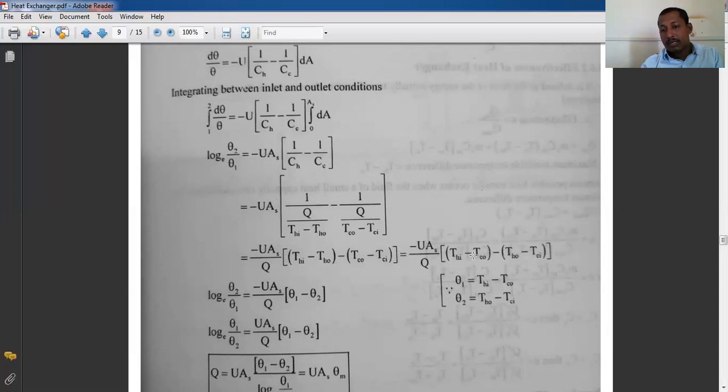So Thi minus Tc naught is theta 1, Th naught minus Tci is theta 2 for counter flow. For parallel flow, theta 1 is equal to Thi minus Tci. For counter flow, theta 1 is equal to Thi minus Tc naught, theta 2 is Th naught minus Tci.